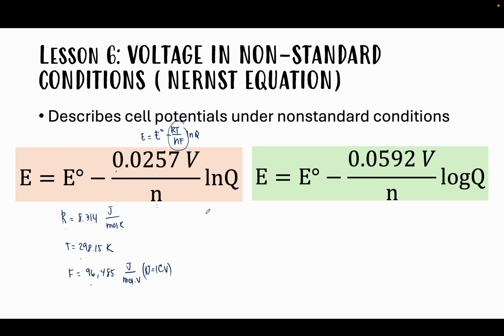So from here, our equation becomes E naught minus 8.314 joule per mole Kelvin times 298.15 Kelvin all over N times 96,485 joule per mole volts.